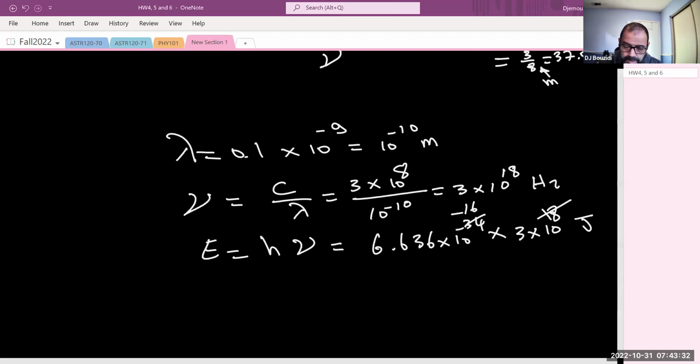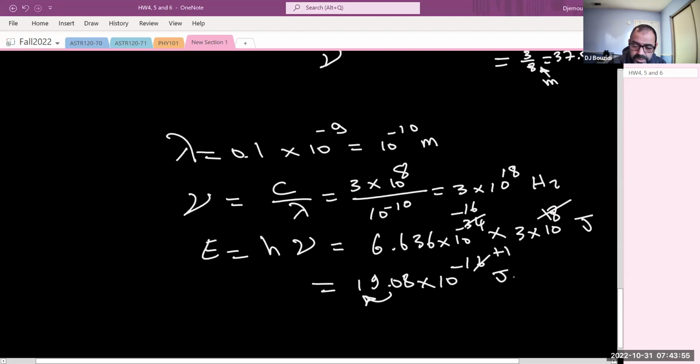So 3 times 6.36 is 19.08. Please double check the numbers in here. Times 10 to the negative 16 joules. Again, I'm going to move the decimal point one step in here and add 1 to it.